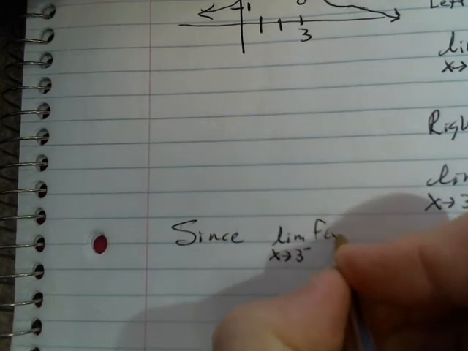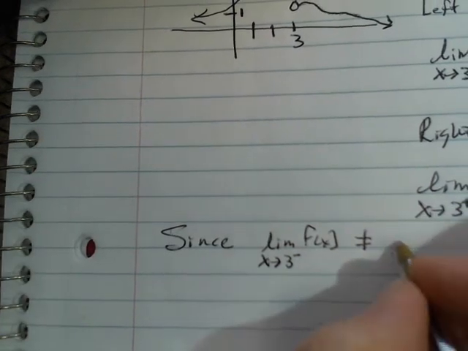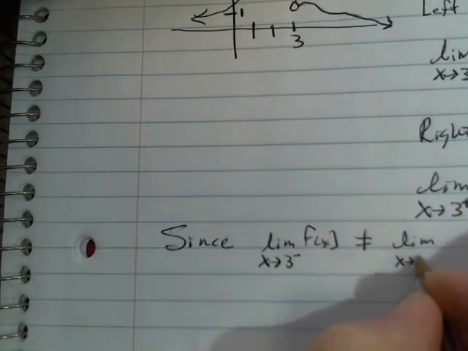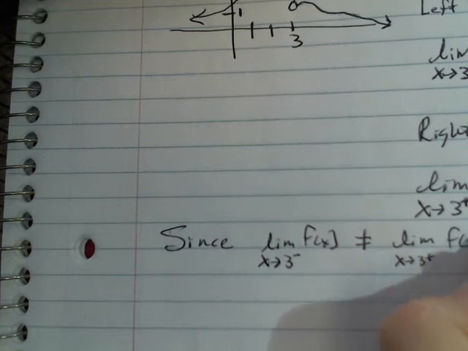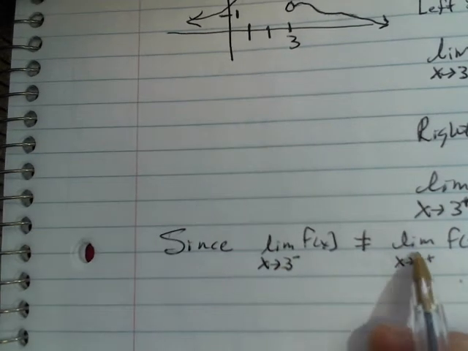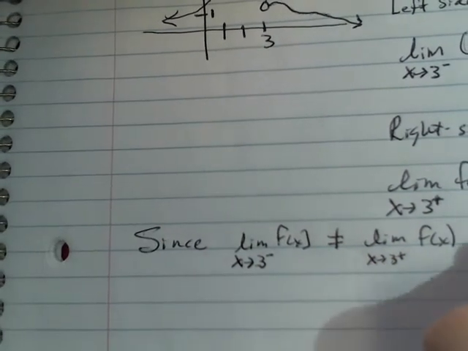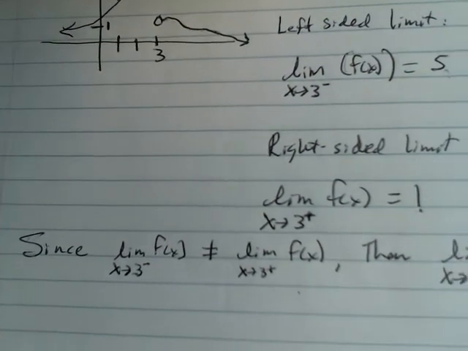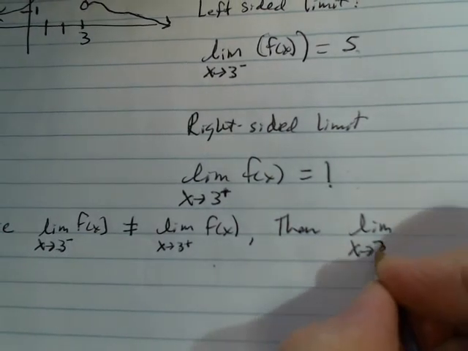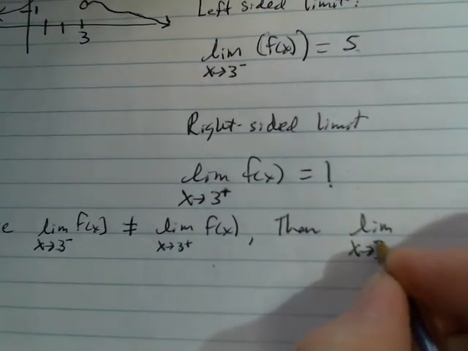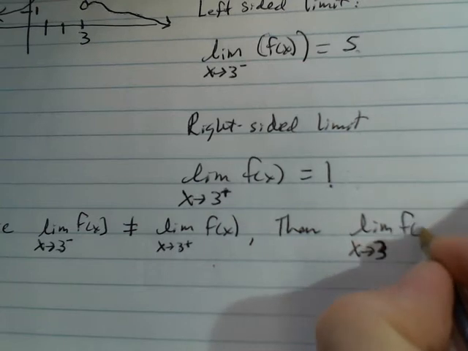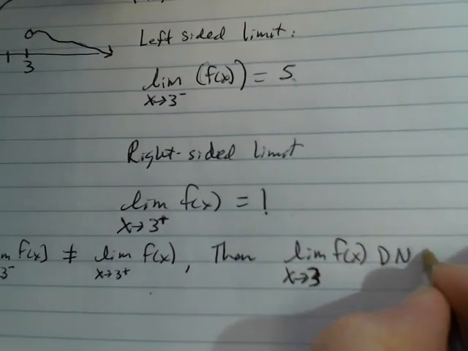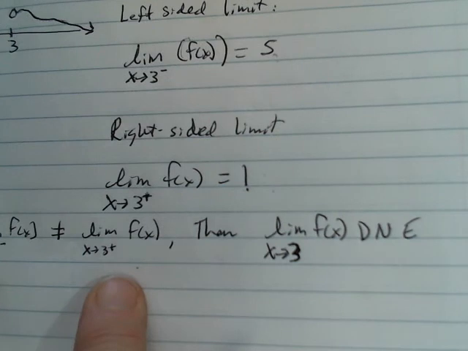Since the limit as x approaches 3 from the left-hand side of f of x does not equal the limit as x approaches 3 from the right-hand side of f of x, since they are not equal to each other, 5 does not equal 1, then the limit as x approaches 3, not left, not right, but both, the limit of f of x does not exist because they're two different numbers.